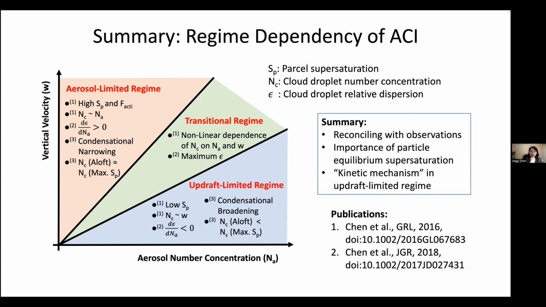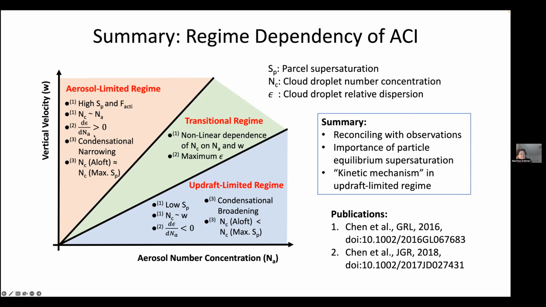So we have different supersaturation for the different regimes. It usually corresponds to the activation fraction, a parameter used a lot in climate models. The second bullet is the relationship, whether the cloud droplet number concentration depends on aerosols or vertical velocity. That's different for these two regimes. The third one is the relative dispersion. It measures the droplet size distribution shape, how wide or how narrow it is.